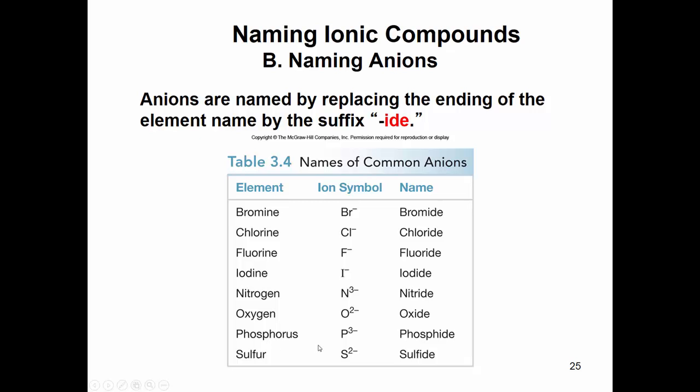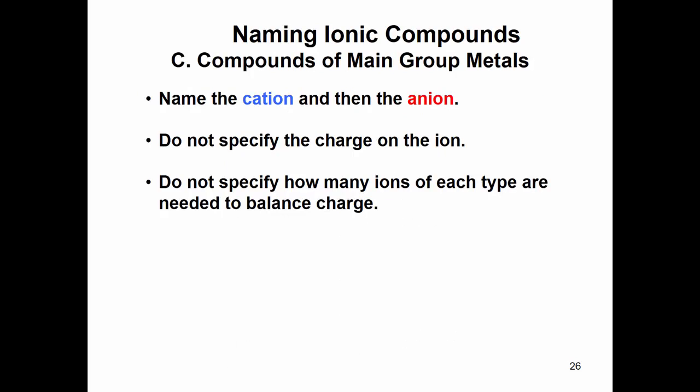Phosphorus is in the same group as nitrogen, so it is phosphide. Sulfur is sulfide. Sulfur is in the same group as oxygen, group 6, so it needs to gain 2 electrons. So the ending is IDE.